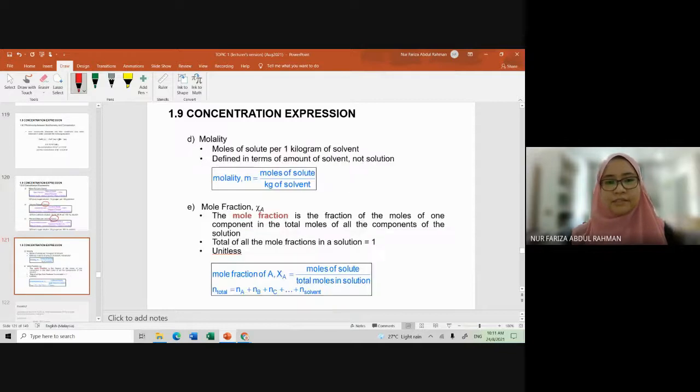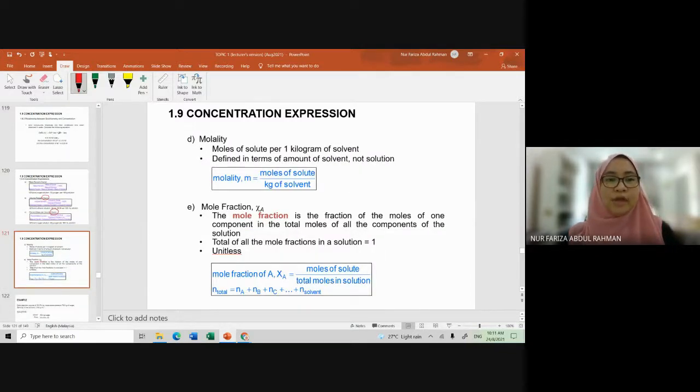Next, we have molality. Molality is almost similar to molarity, but the difference is in the denominator. For molarity earlier, the denominator should be the volume of solution.